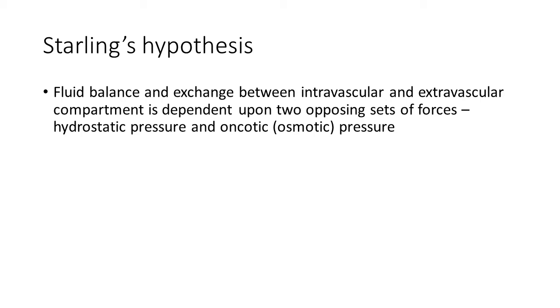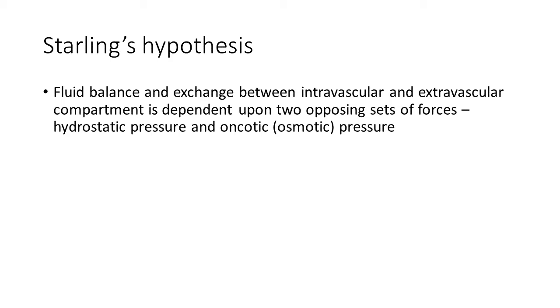This fluid balance is maintained by two opposing sets of forces: intravascular hydrostatic pressure and colloid osmotic pressure, and extravascular hydrostatic pressure and colloid osmotic pressure. Two sets of forces: intravascular and extravascular hydrostatic and osmotic pressure.